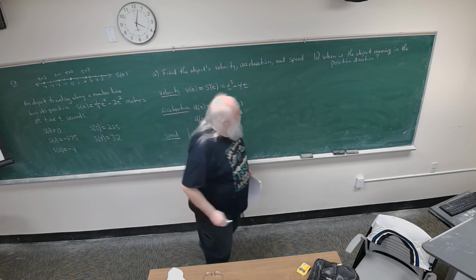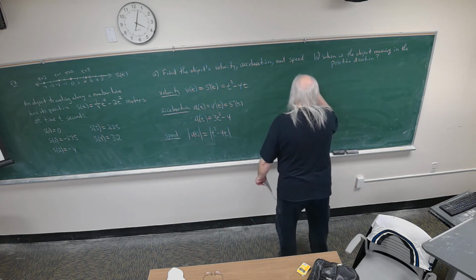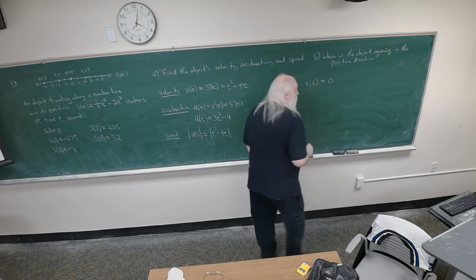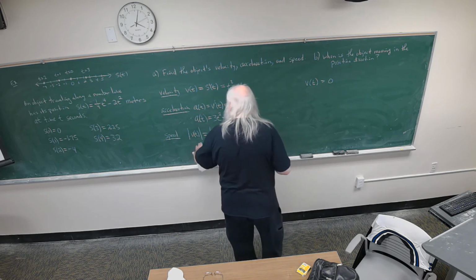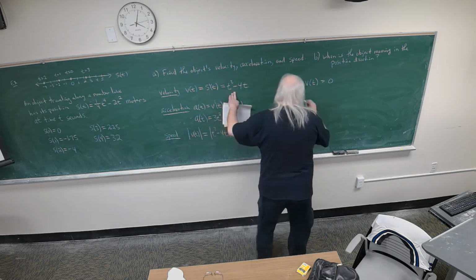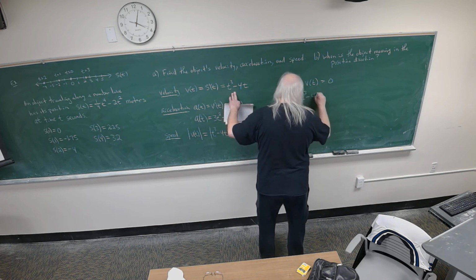Okay. So to find when the object is moving in the positive direction, we set the velocity v of t greater than 0. So what's v of t equal to? t cubed minus 4t.